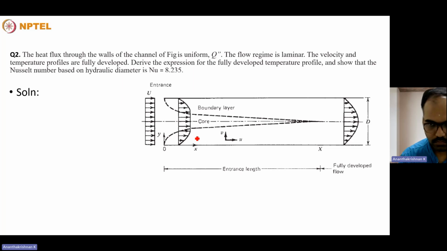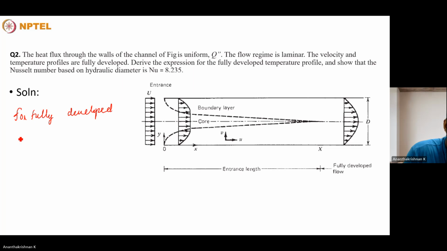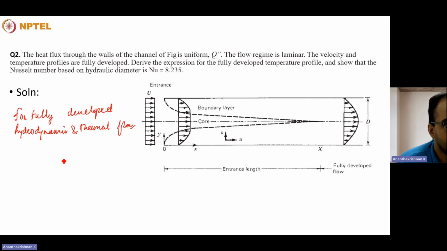So for a fully developed flow and heat transfer in a parallel plate channel, we should try to solve the energy equation.